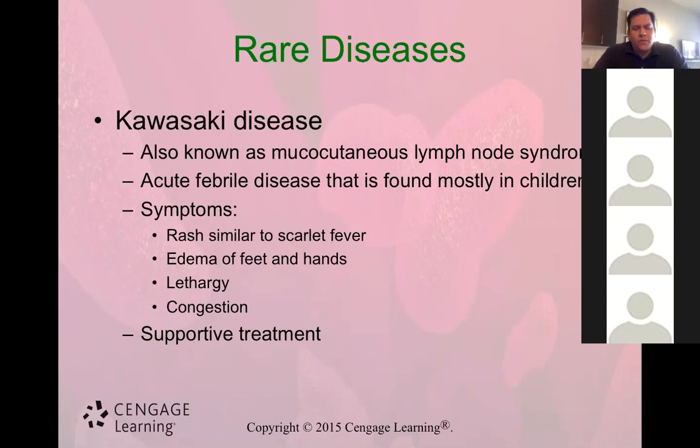Other symptoms include lethargy, congestion, irritability, fever, dry skin, and reddened lips, tongue and mucous membranes. The treatment again is supportive because the disease does not respond to antibiotic therapy. This disease is rarely fatal in the acute state, but children can die quite suddenly some years later due to coronary artery disease, a consequence of having Kawasaki disease.